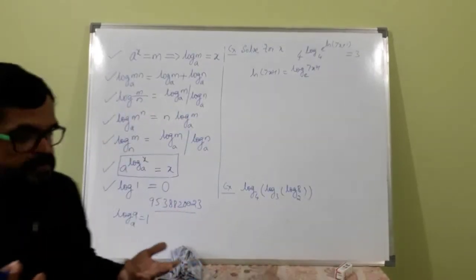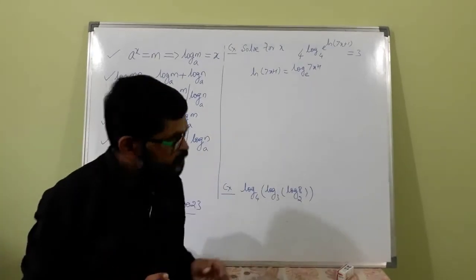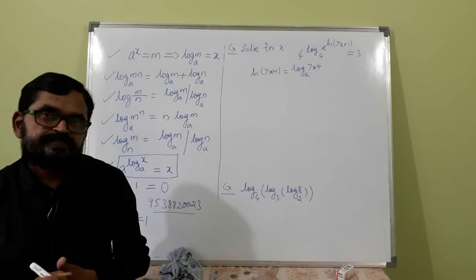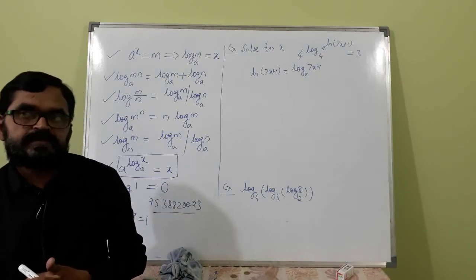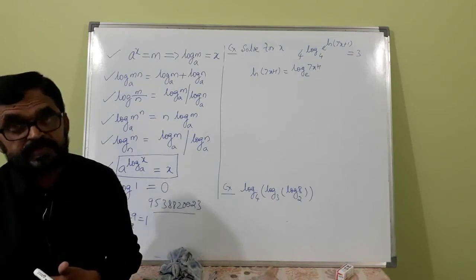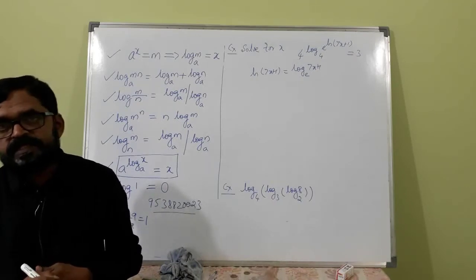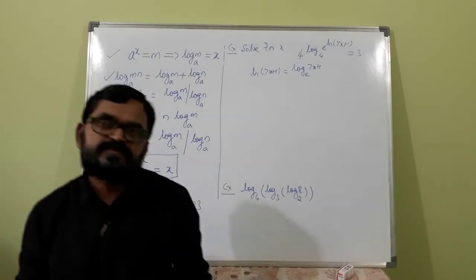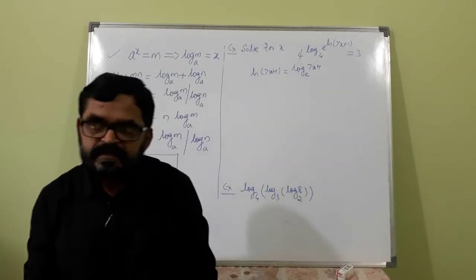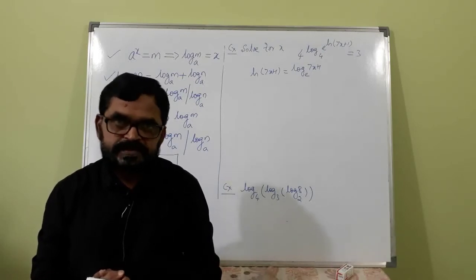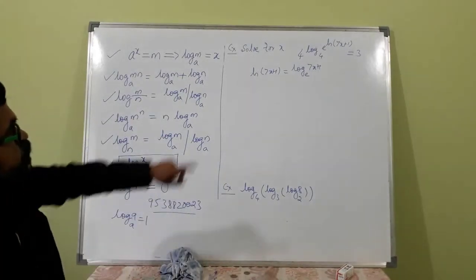There are two bases for log in common usage. Log to the base e is called the natural logarithm. Log to the base 10 is called the common logarithm. The common logarithm is most widely used in commercial, economics and financial purposes. The natural logarithm is used in scientific calculations, to the base e.